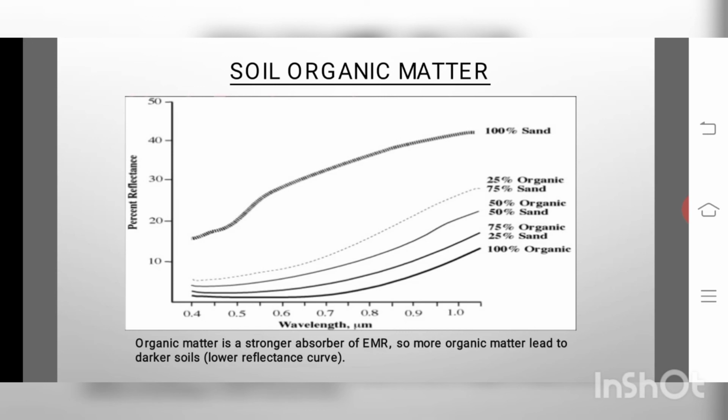Soil organic matter. In this graph, the percentage reflectance versus wavelength, the soil organic matter possesses a lower reflectance curve. The organic matter is a strong absorber of electromagnetic radiation, so more organic matter leads to darker soil.